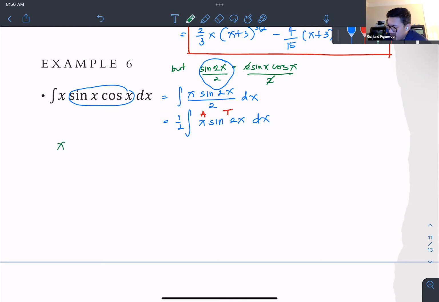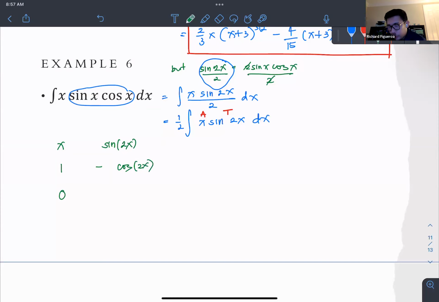Can I use tabular method? Pwede, di ba? Kasi yung u natin is x. The derivative of x, it's 1. Derivative of 1 is 0. So what's the integral of sine? Negative cosine 2x.